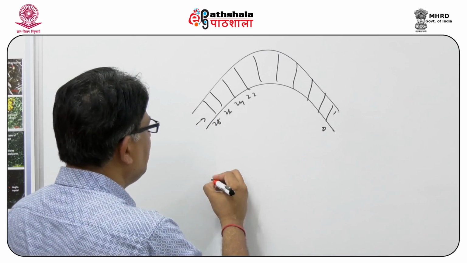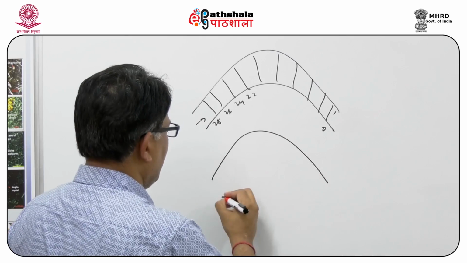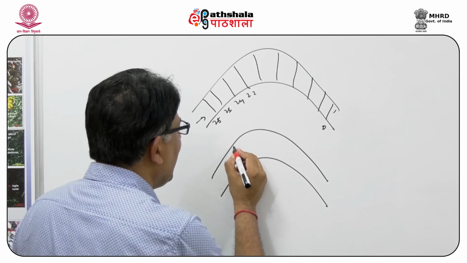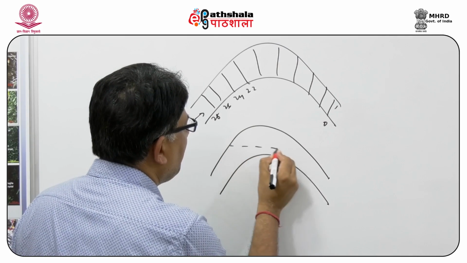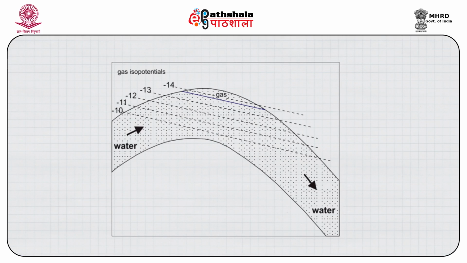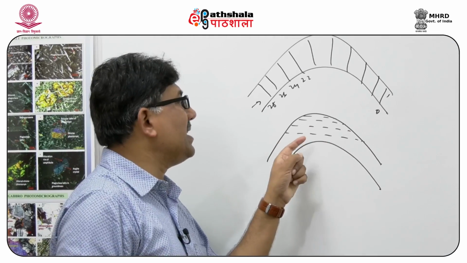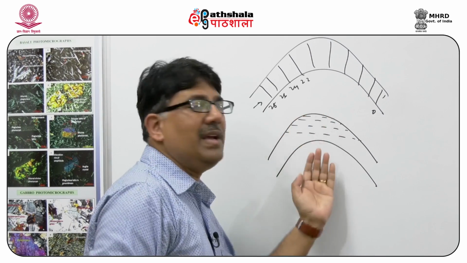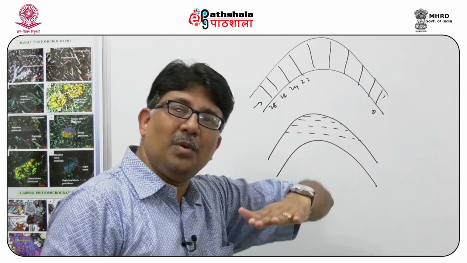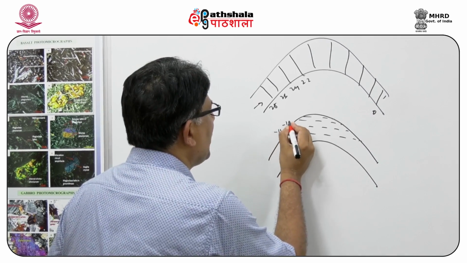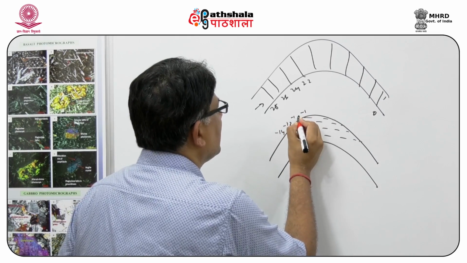Now coming on to the gas, in case of gas the isopotential surfaces will be like this, because gas has a high buoyancy force and it will be moving up. So the isopotential surface will have a very low gradient, and these will be minus 14, minus 12, minus 10, minus 8.